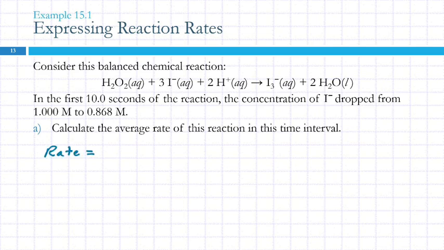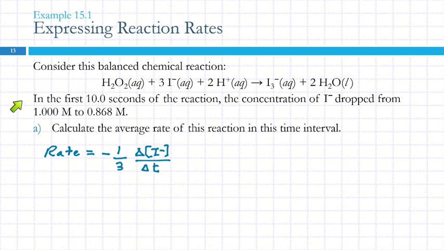This is a reactant, iodide, so it's going to be a negative. And then we're going to have 1 over the coefficient, 3, 1 divided by 3, times the change in the I- concentration, divided by the change in time. That's what we just learned how to do from the chemical reaction equation.